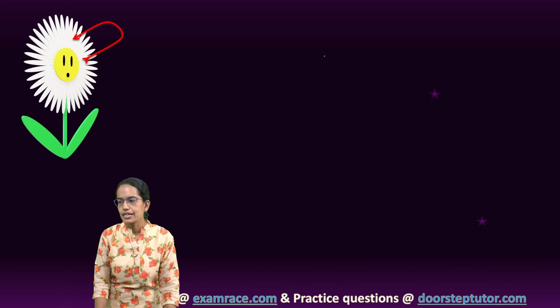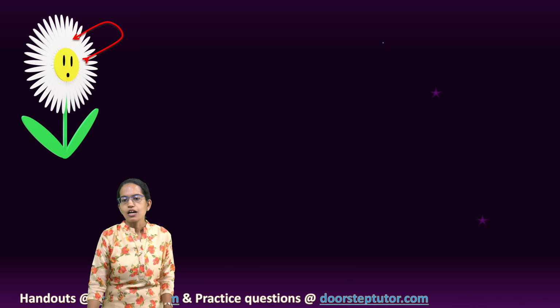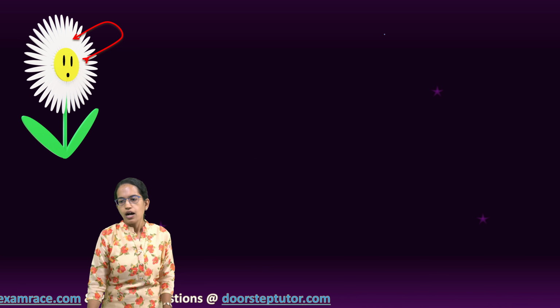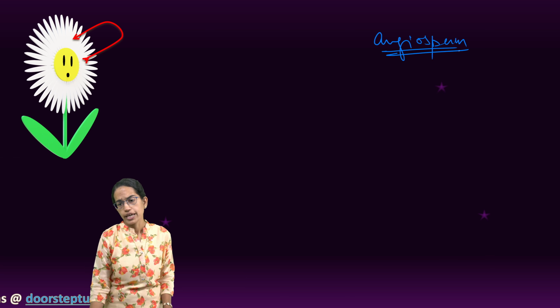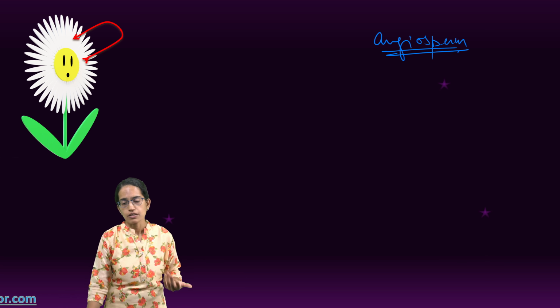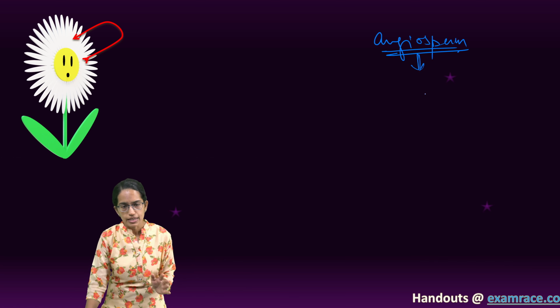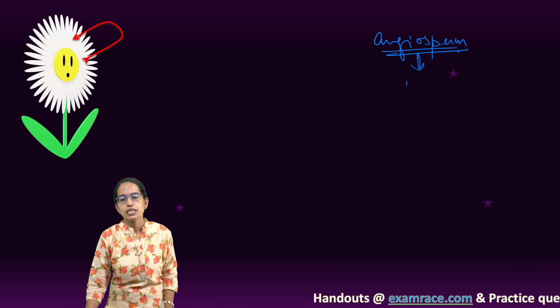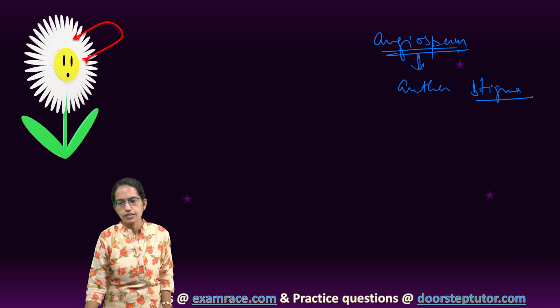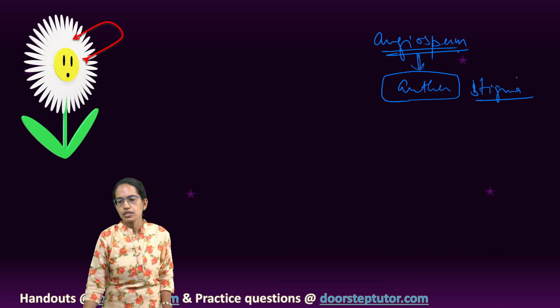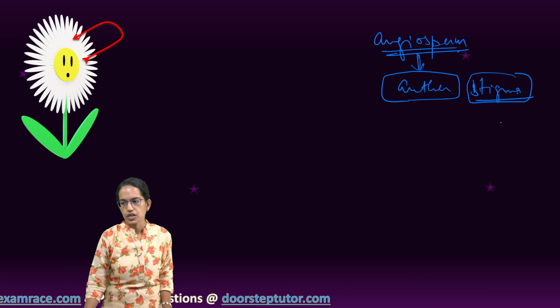What are the similarities? Both of them require angiosperms, which means they happen only in the angiosperms, which are the flowering plants. Both of them would have the androecium and the gynoecium. That means the anther and the stigma have to be present, so the male reproductive organ as well as the female reproductive organ.